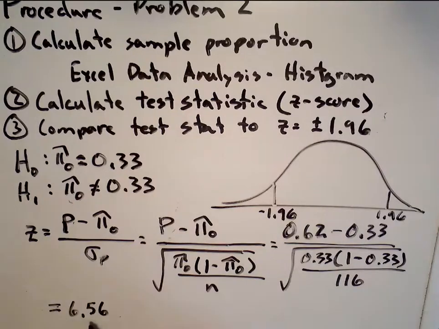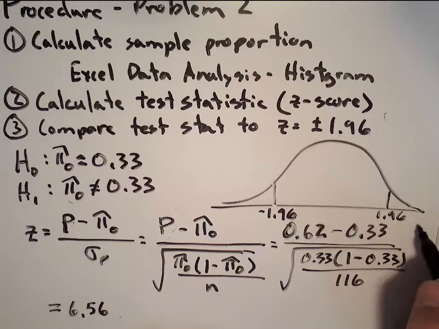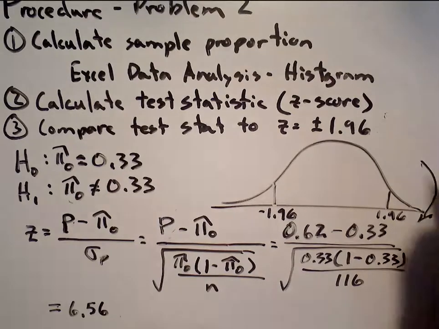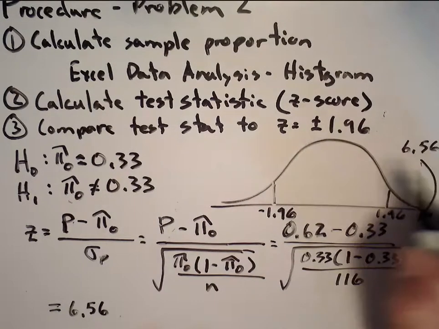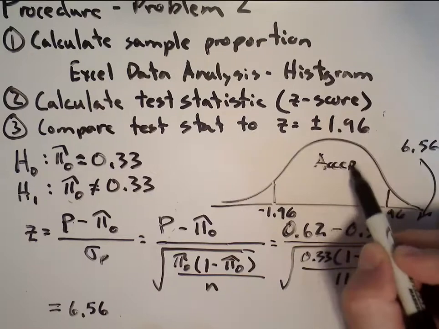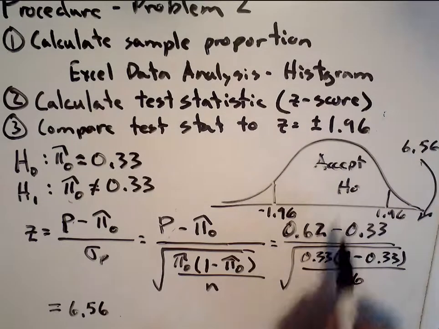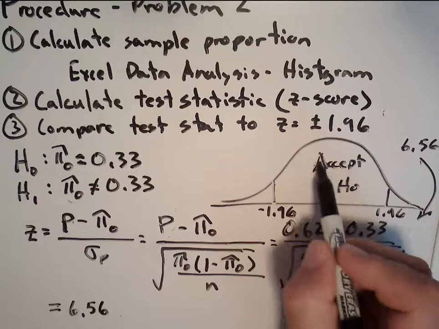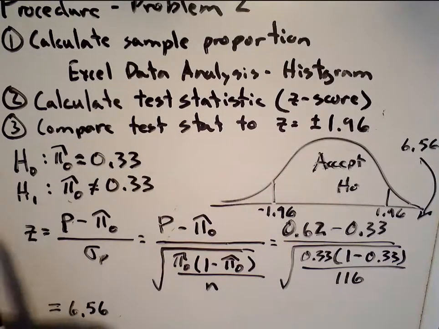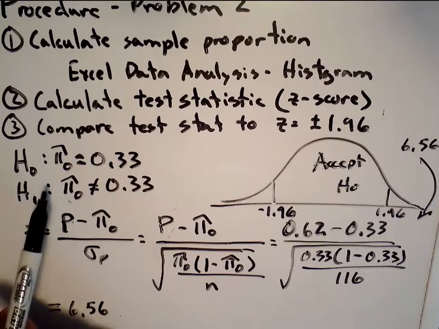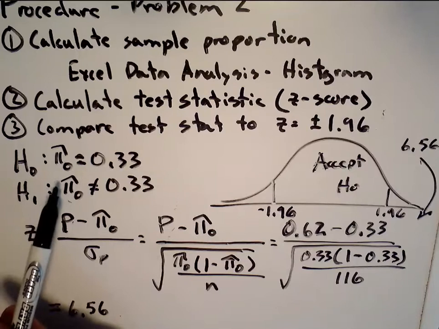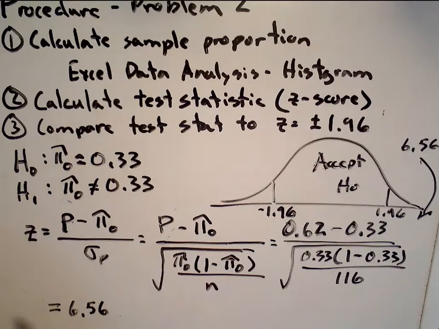Our test statistic is 6.56. It's way out here somewhere. Do we accept H0? Does our value fall in the middle? No, it does not. We reject the null hypothesis, and we say the population proportion is not equal to 0.33, and we accept the alternative hypothesis that it is something else.